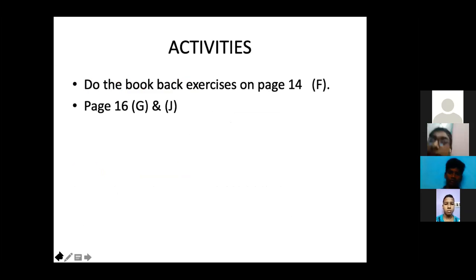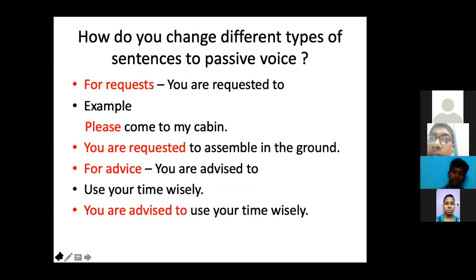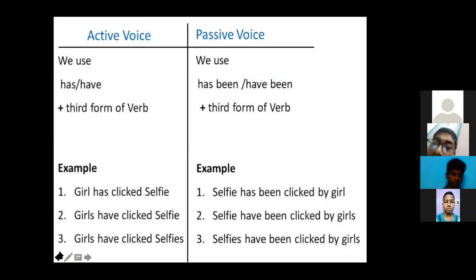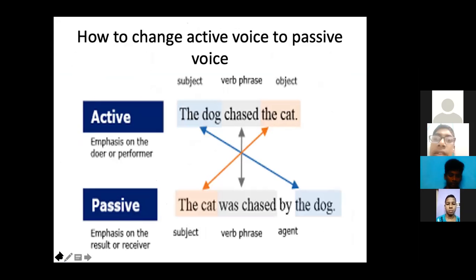Okay, so you have a lot of exercises regarding this. There are many exercises. That is on page number 14. Yes, from page number 14 onwards, we are having the exercise regarding the active and passive voice.